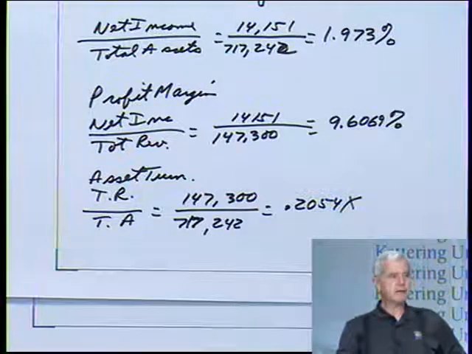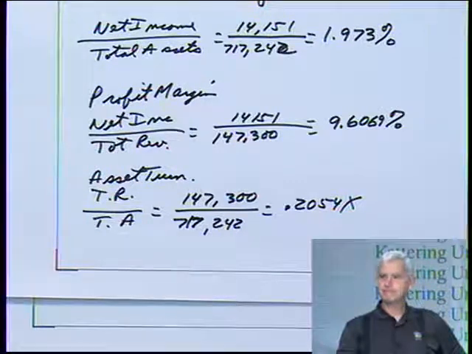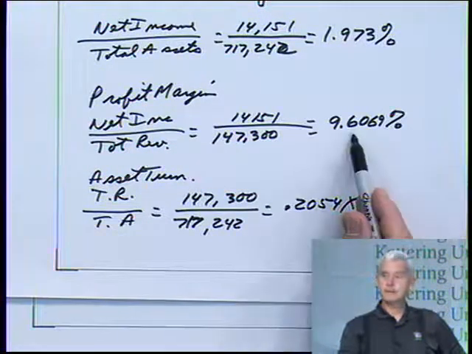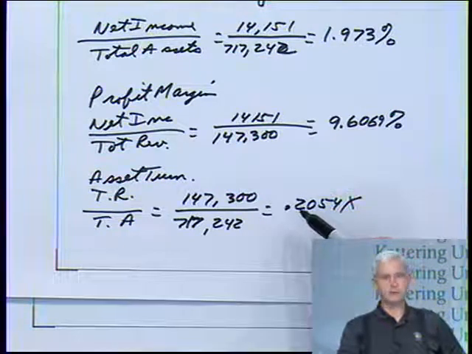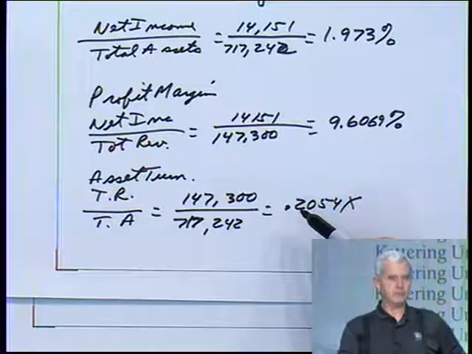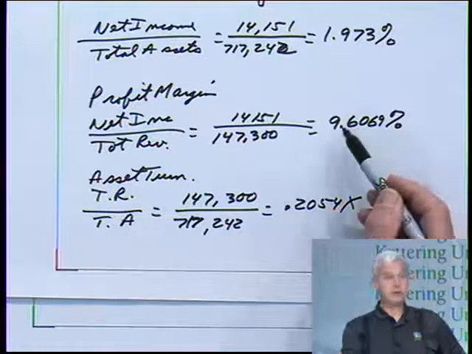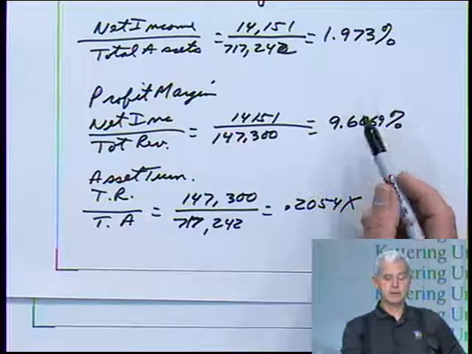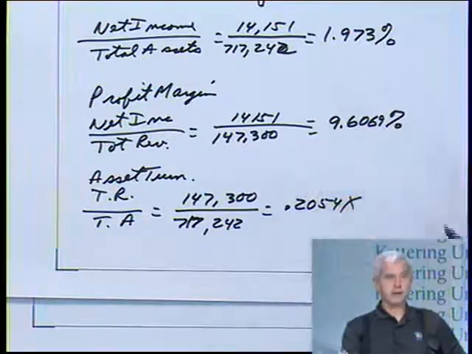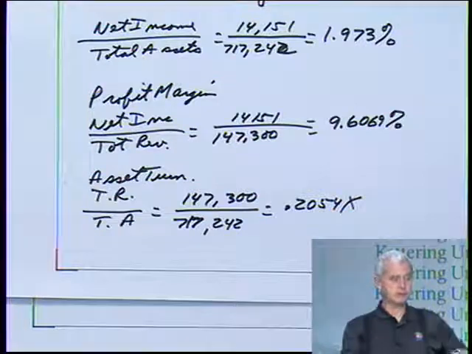So what kind of a company is GE? Profit margin. Very, very low turnover. Very high. That's pretty good profit margin, incidentally. That's a very good profit margin. But they don't sell enough for the amount of money they've tied up into assets.